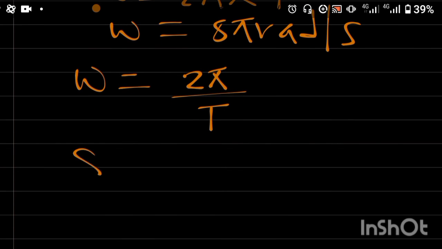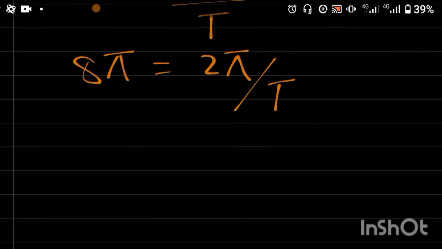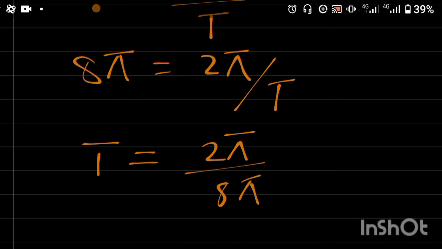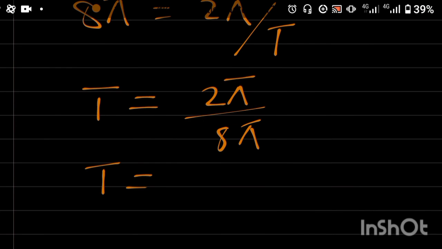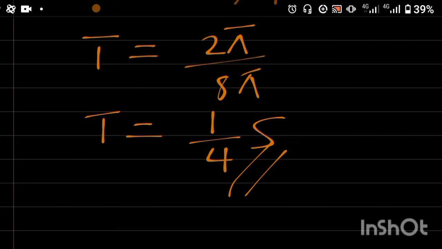What is my omega? 8 pi is equal to 2 pi over period. Therefore, T is equal to 2 pi over 8 pi. From this, I have that T is equal to 1 over 4 seconds. That is the value of T.